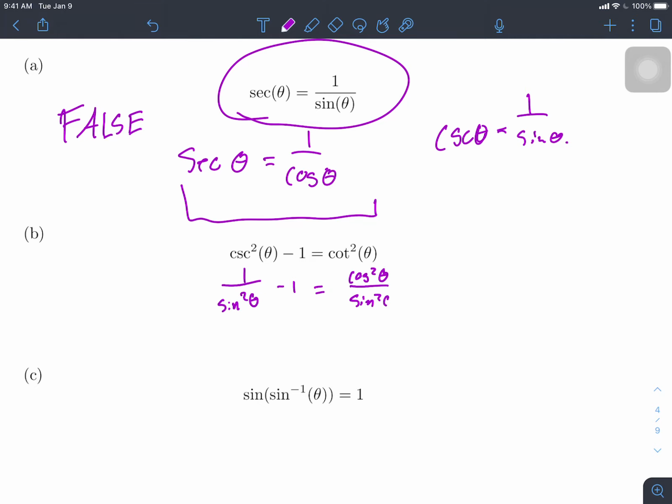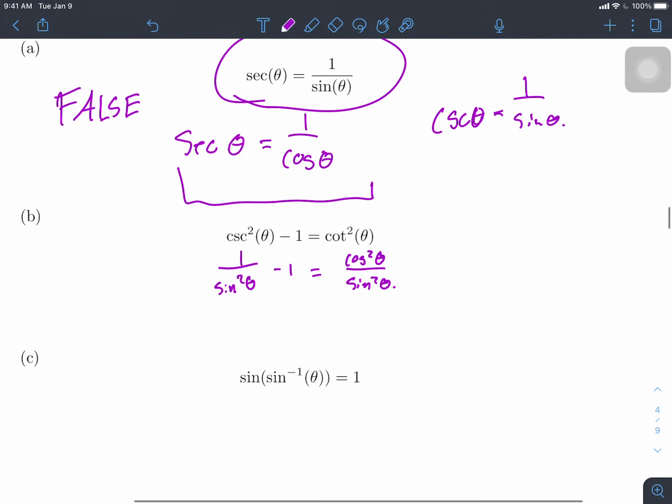And what I'm going to do here is just multiply everything by sine squared theta. So multiply this entire thing times sine squared theta. The first thing becomes just a 1. Then we get 1 minus sine squared theta is equal to, on the right hand side, the sine squared thetas cancel and we get cosine squared theta.